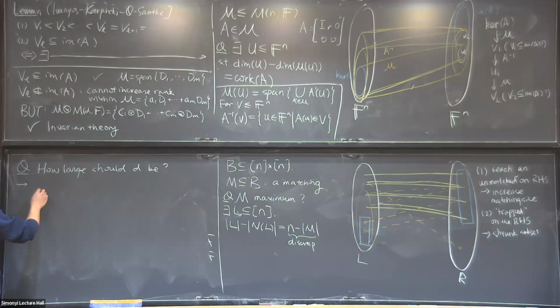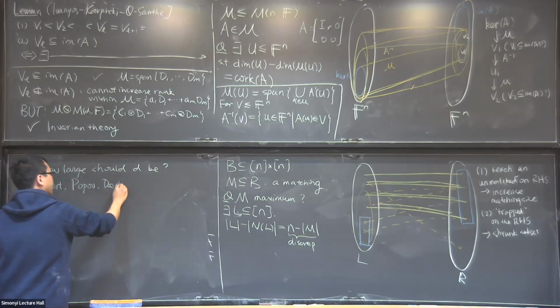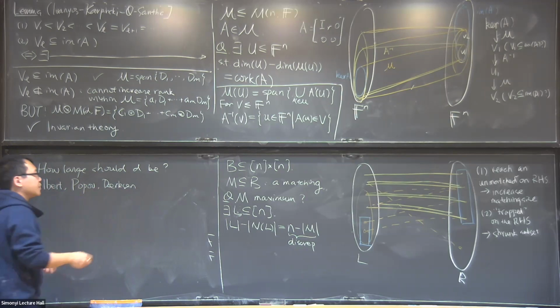So how large should this d be? If you go back to Hilbert, because Hilbert just showed that it's finite, it's how finite that is the question. Then there's Popov and Derksen. These are very general results. They apply to any reductive group action, representation, and so on.